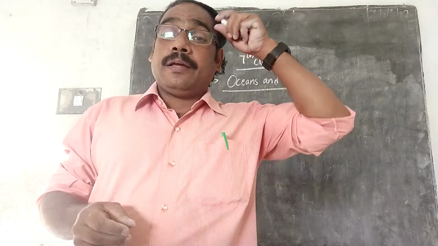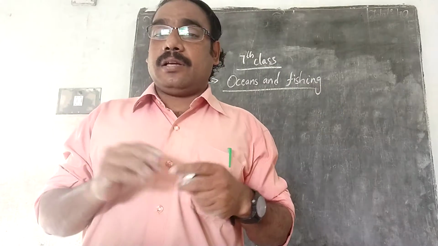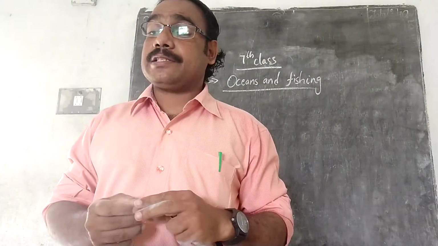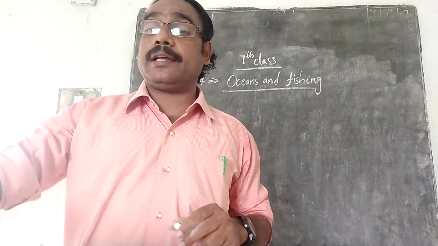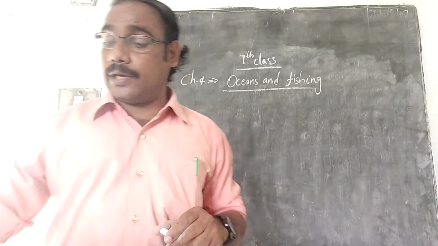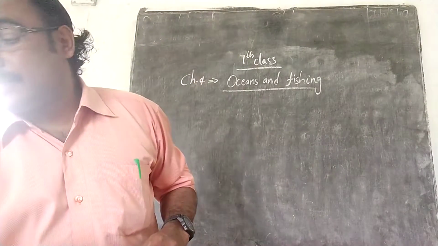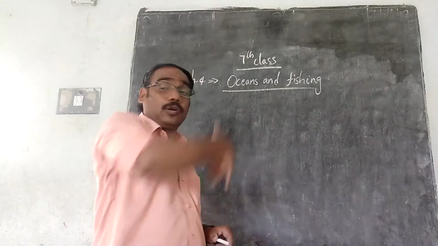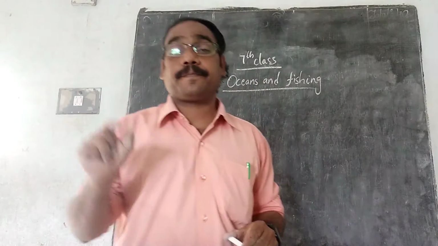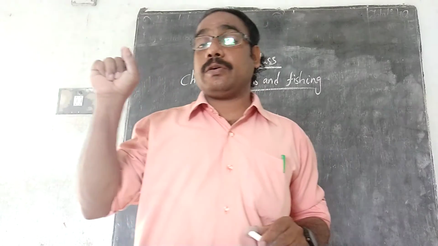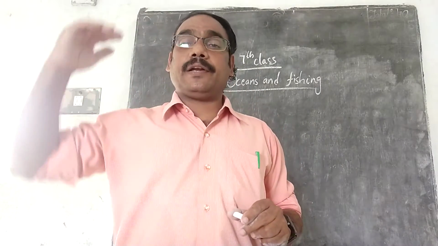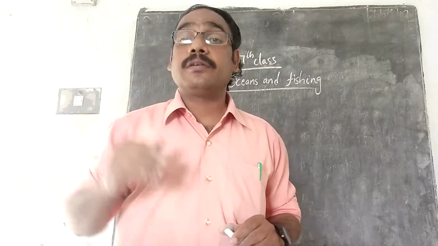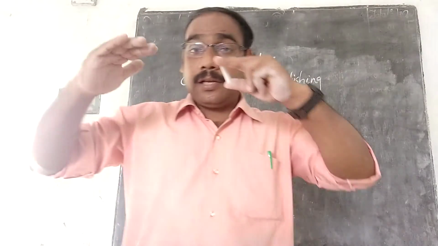Next, warm currents, a term which is coming in this lesson. The warm currents flow from equatorial regions towards poles. Previously I had explained the globe. Yes or no? 0 degree is known as the equator. The equator's north side, 23.5 degrees north, is known as the Tropic of Cancer.